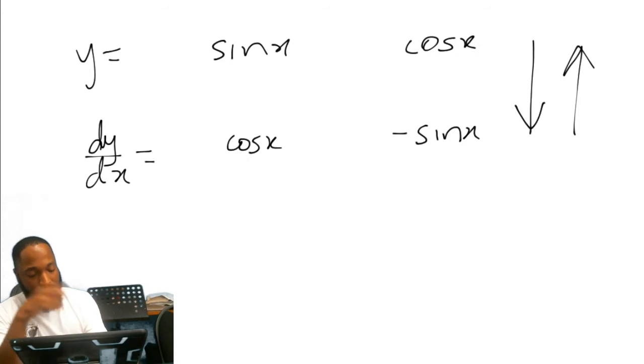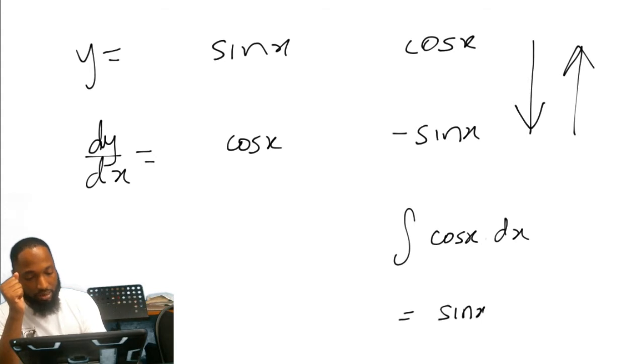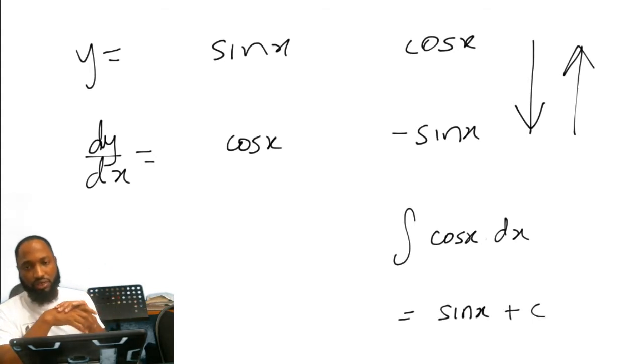For example, if you had to find the integral of cos x with respect to x, you look at this, it's in cos x. So therefore the answer will be equal to sine x plus c, constant of integration.